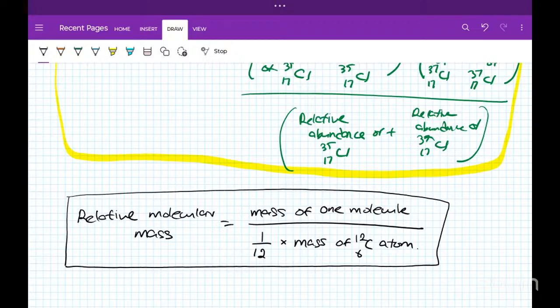The same concept can be used to measure the relative molecular mass of a molecule.